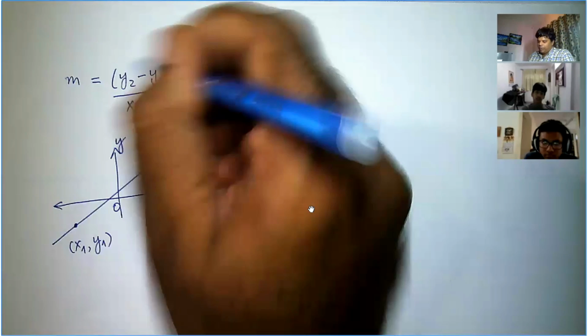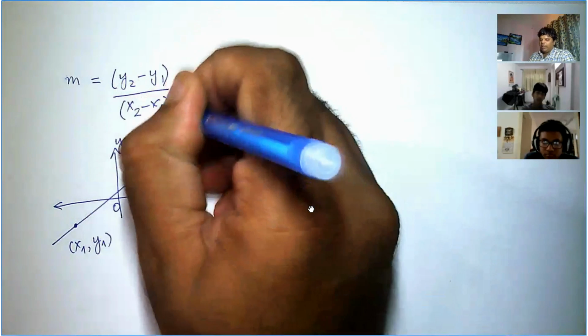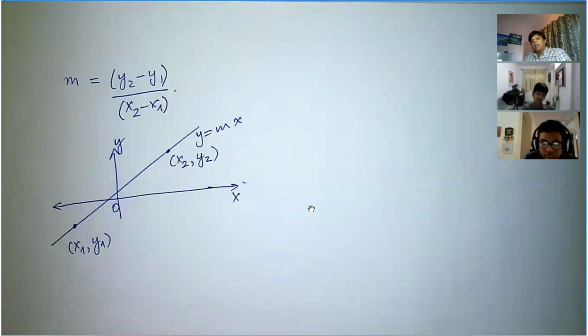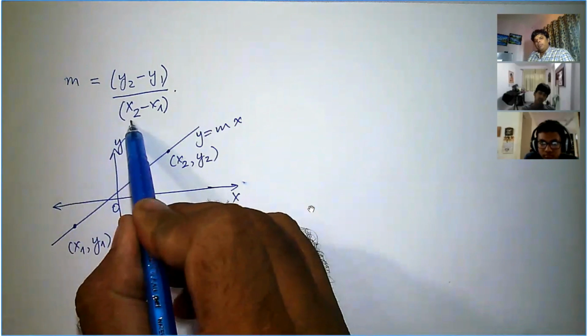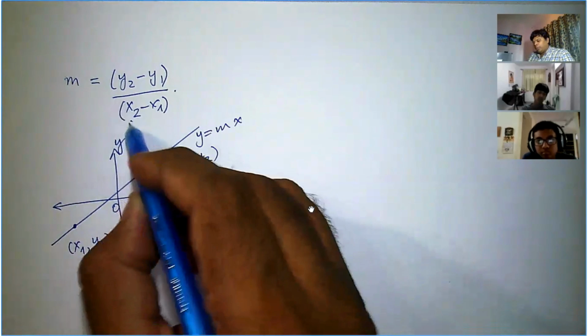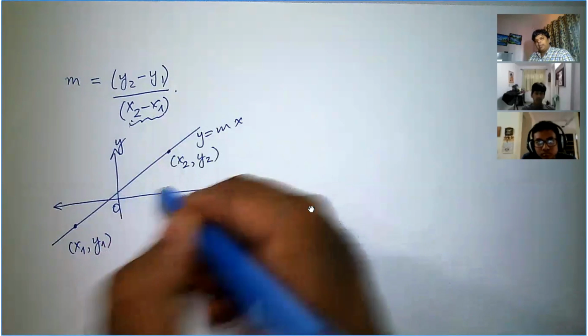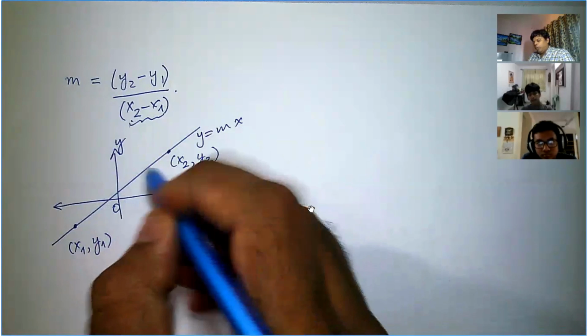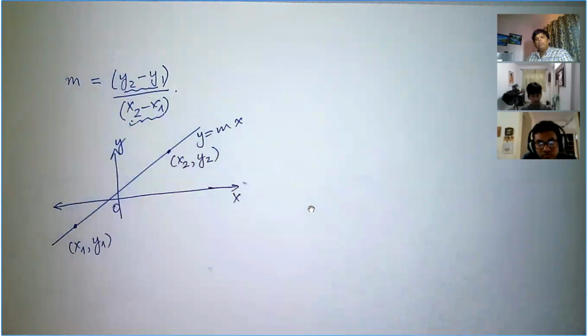But I have this y2 minus y1 divided by x2 minus x1. When you look at that, what does that tell you? If I move x2 minus x1 units on the x-axis, how much would be the movement on the y-axis?